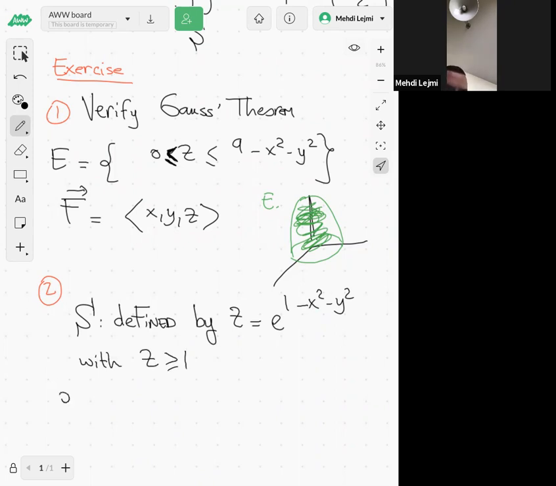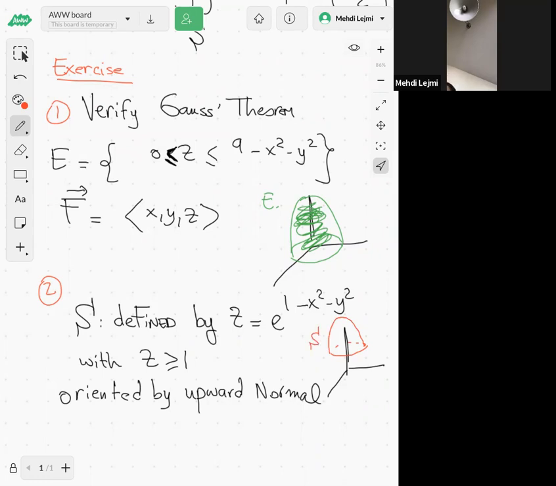This surface S is oriented by an upward normal. The graph of this S is the exponential of the paraboloid, so it's going to look like this here. So this is your surface S.